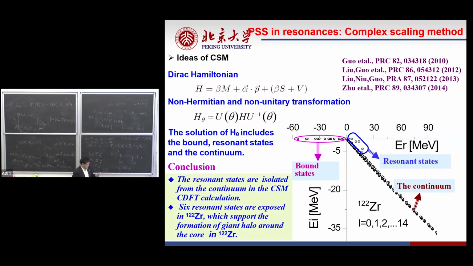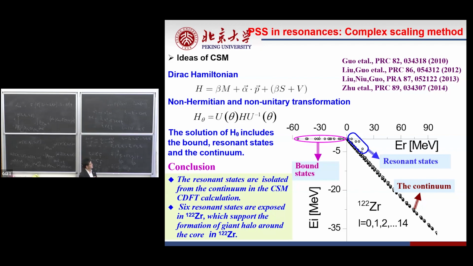Apart from that, a lot of work is going on. I cannot go on forever. But for example, there is also a lot of work trying to study the pseudo spin symmetry in resonance. To study resonance, you have to develop a new approach, right?